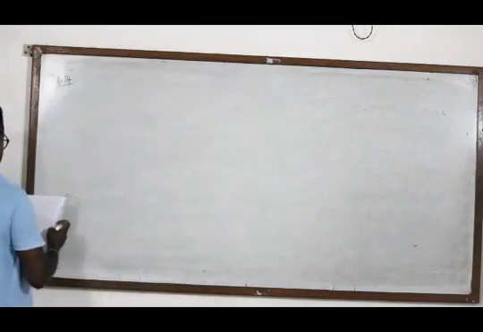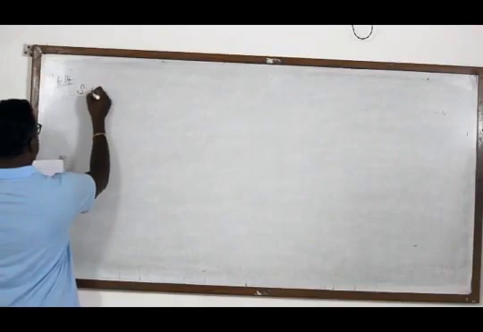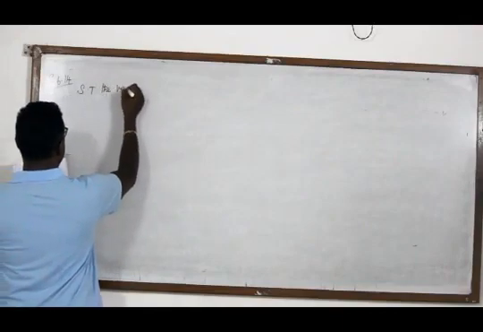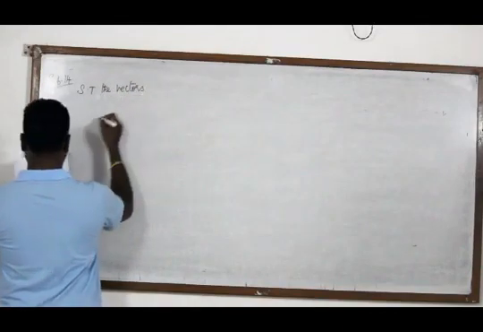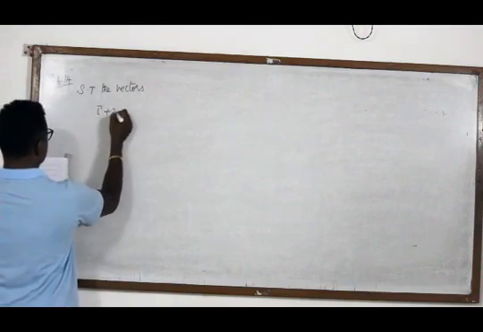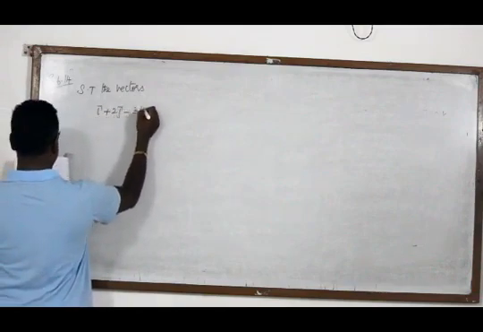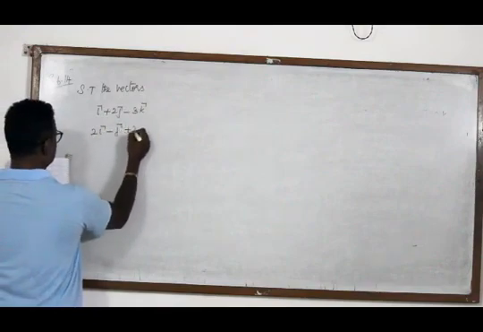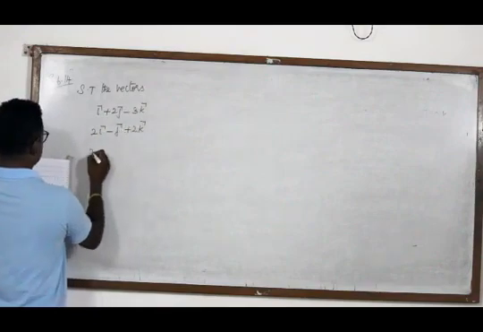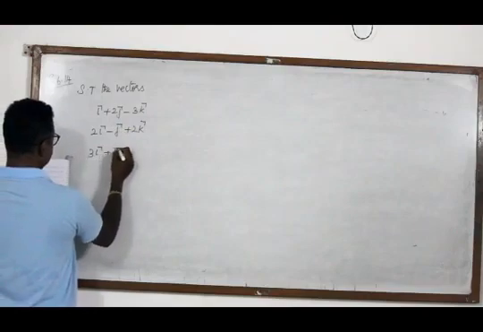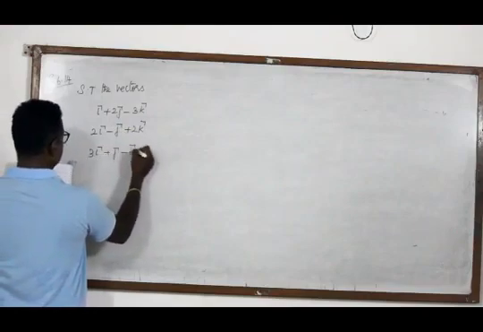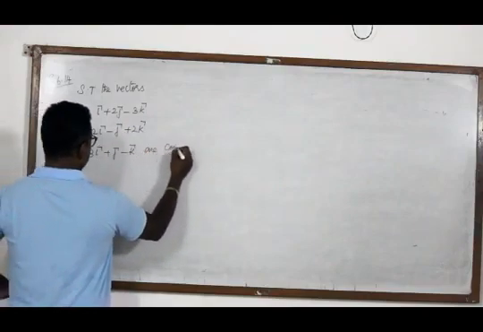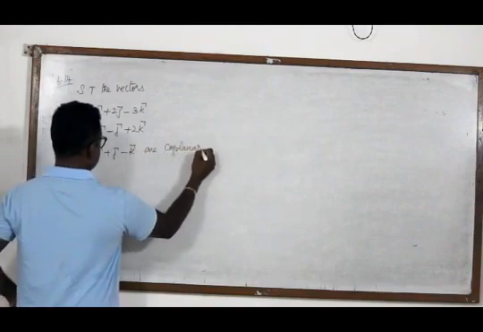Example 6.14. Show that the vectors i plus 2j minus 3k, 2i minus j plus 2k, 3i plus j minus k are coplanar.